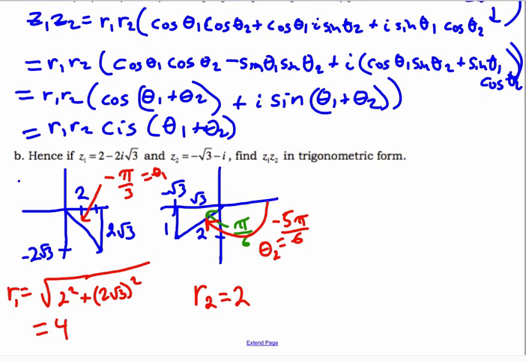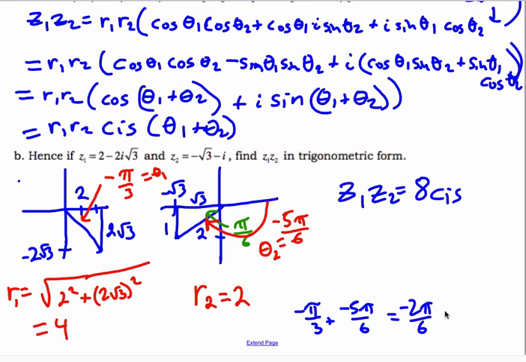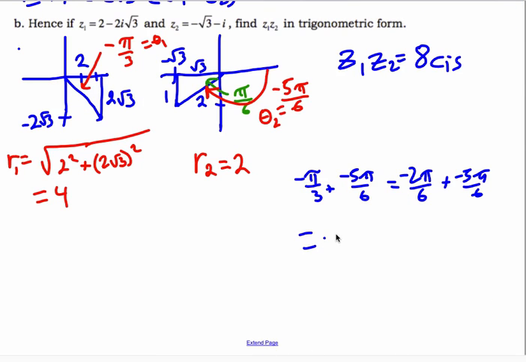Okay, now we can use a result from before, and we can say that z1 z2 equals, multiply the moduli, we get 8, and cis, add these together. Maybe I'll do the adding over here somewhere. Negative pi over 3 plus negative 5 pi over 6 is equal to negative 2 pi over 6 plus negative 5 pi over 6, which equals negative 7 pi over 6, right?